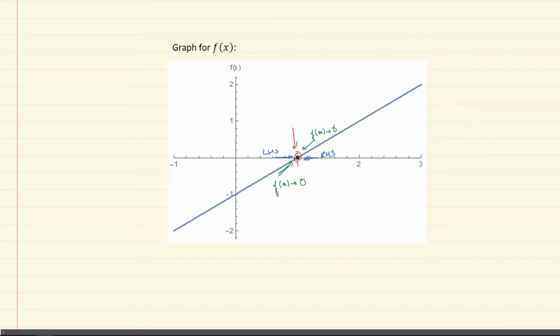And this dot signifies the hole, since f of 1 is undefined. And again, we write this as the limit as x approaches 1 of f of x is equal to 0.